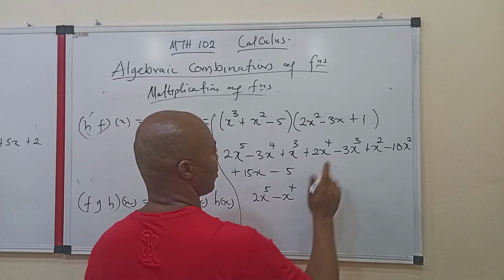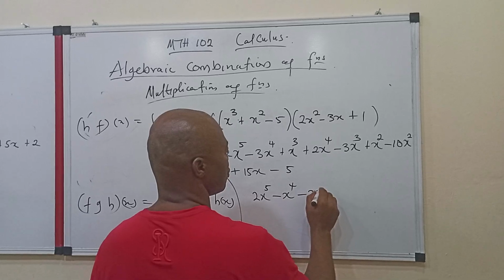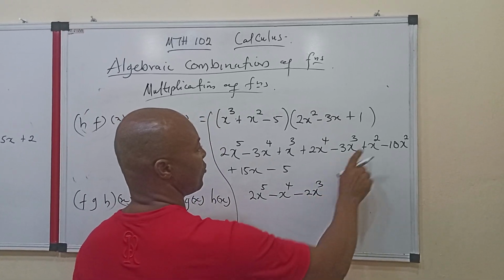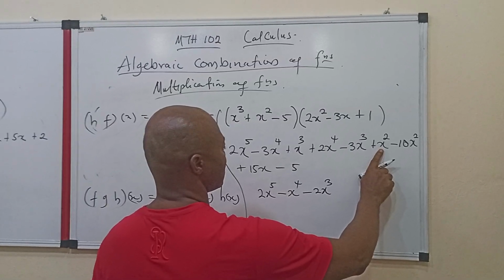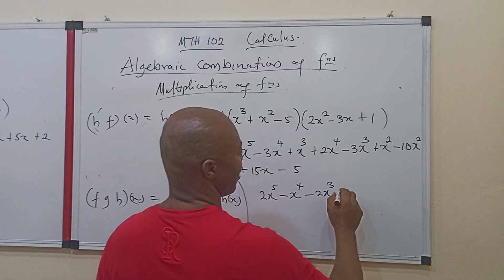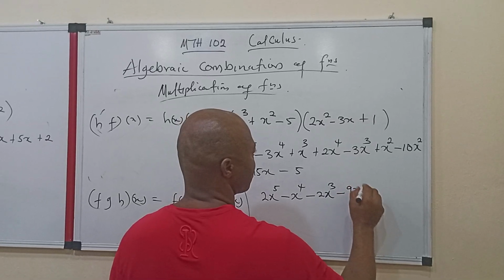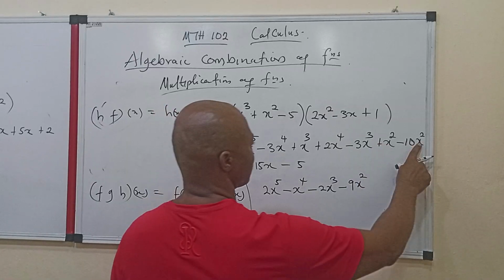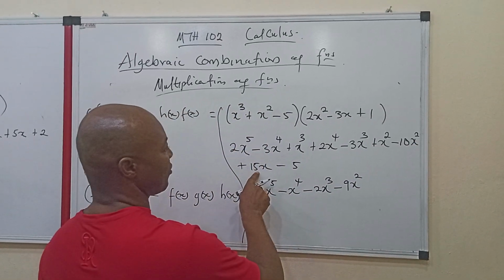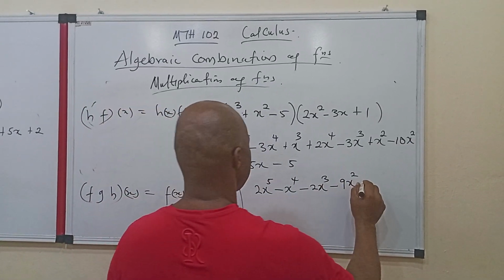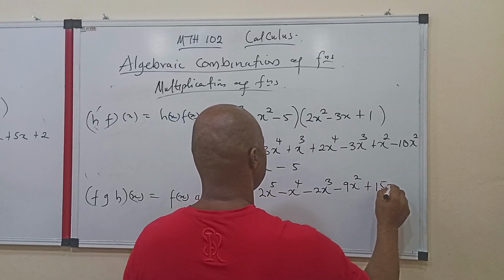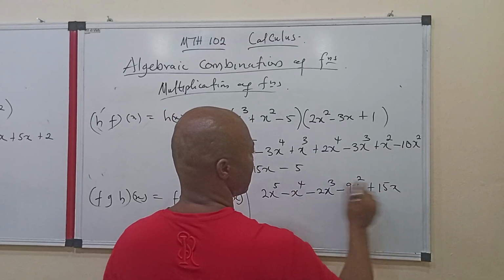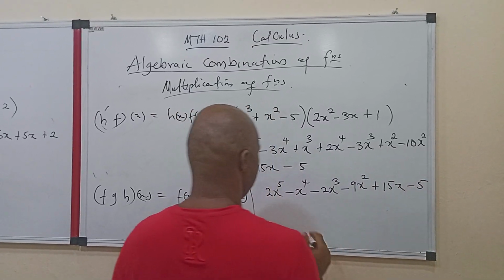If you combine them, we are going to have minus 2x raised to the power 3. If you come here and you come here, we are going to have minus 9x raised to the power 2. Then lastly, we have this, and here we have plus 15x. Then for the constant terms, we have only this, and you say you have minus 5.